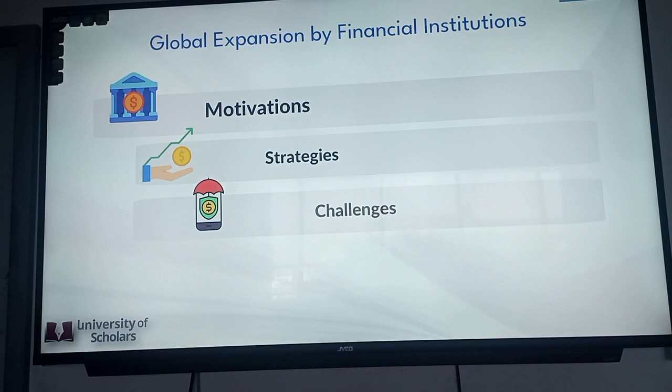So when we try to expand our financial institution, we need to first focus and make our target very strong, then implement strategies based on the motivations, and along with the strategies we made, we need to consider the challenges we would face. After implementing these strategies, we'll also continuously face several challenges, and we need to tackle those challenges with proper steps and measures.